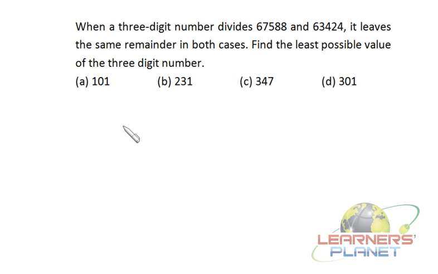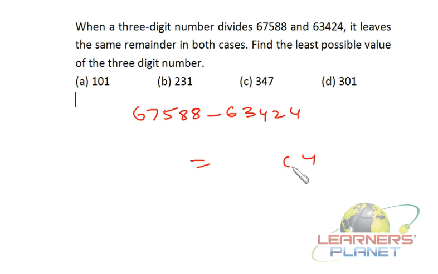That means we have to find the difference between these two numbers, that is 67588 minus 63424. So what will we be getting? 8 minus 4, 4; 8 minus 2, 6; 5 minus 4, 1; and 7 minus 3, 4.